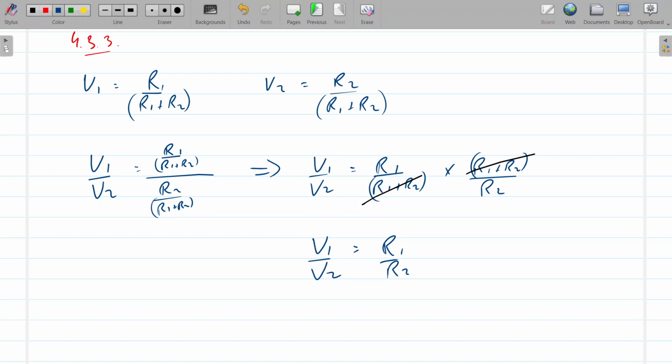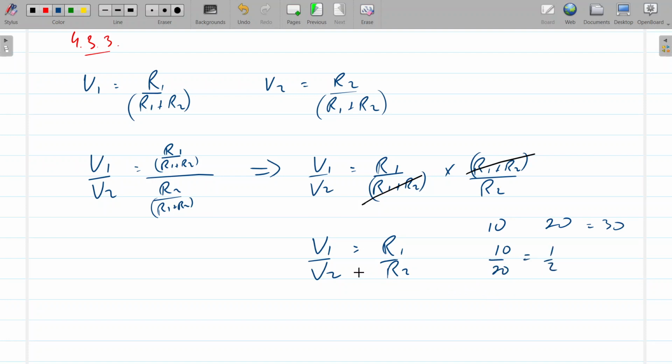So let's say you have resistances of 10 and 20, so that's a total of 30. And so 10 over 20 is 1 over 2.